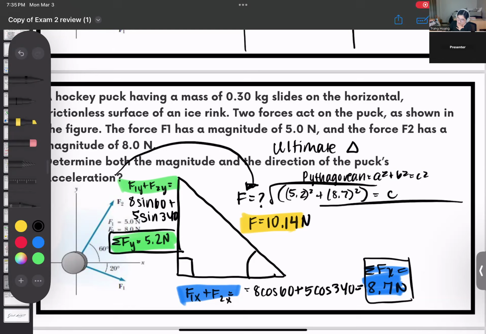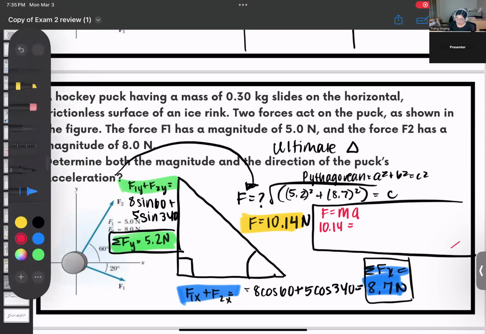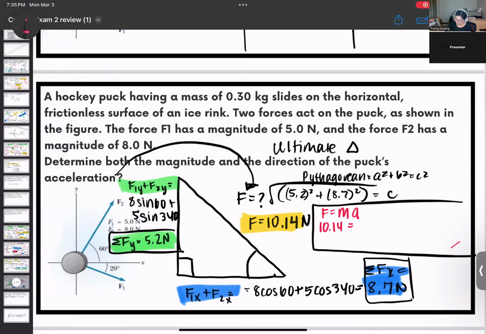So let's answer the question at hand, which is what is the acceleration? So we know that force is equal to ma, okay? So I have a force of 10.14 newtons. I think about the mass of the hockey puck itself, which they gave us, 0.3, times acceleration.